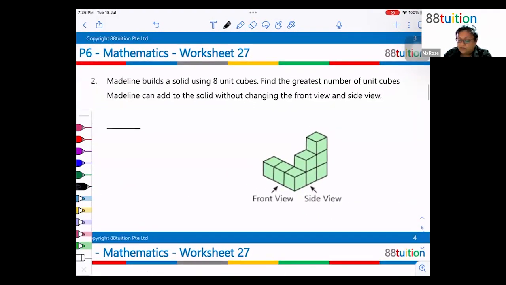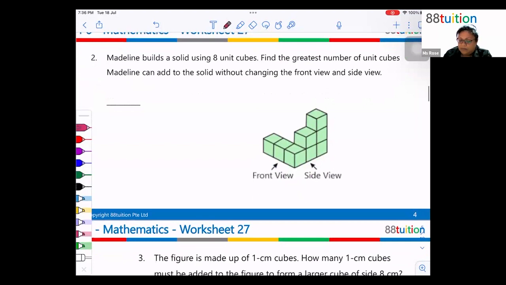You all saw this. Madeline built a solid using 8 unit cubes. Find the greatest number of unit cubes Madeline can add to the solid without changing the front view and side view. So, how does the front view look like?